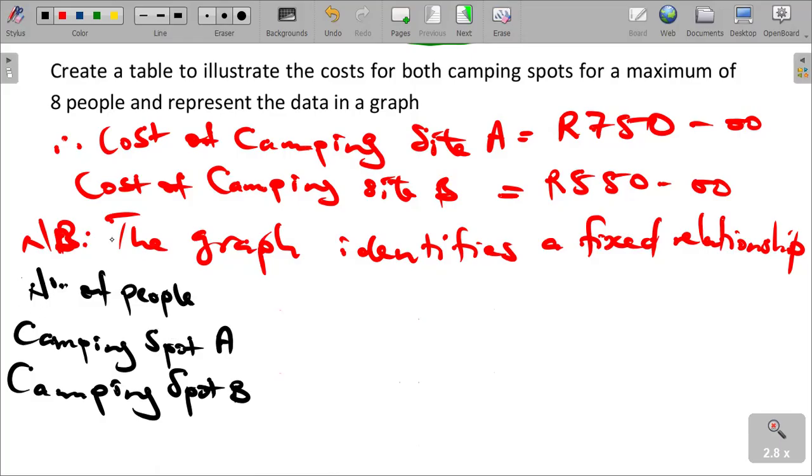We have got our graph. We need to draw our graph here.